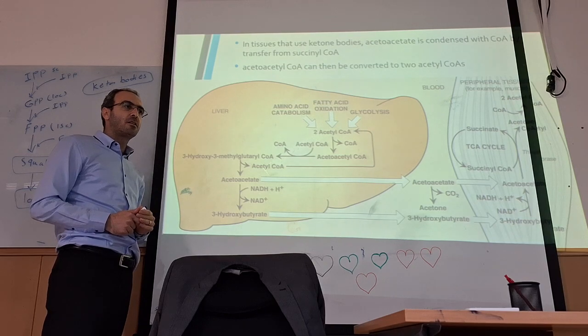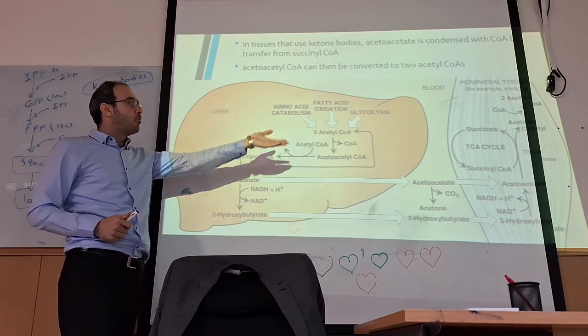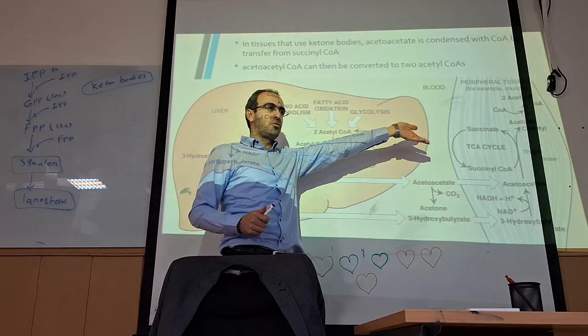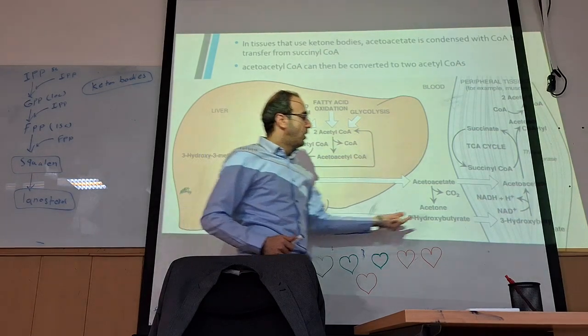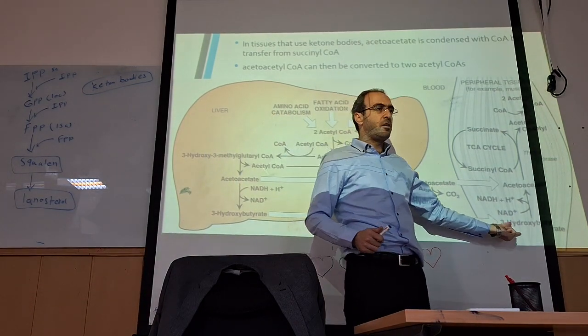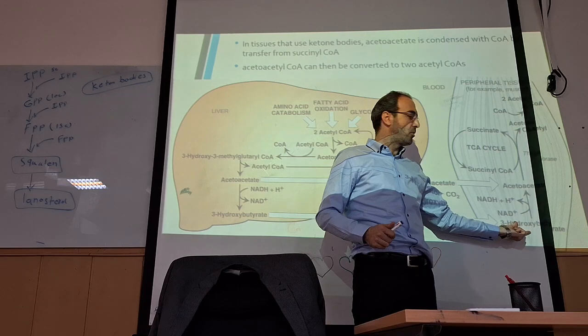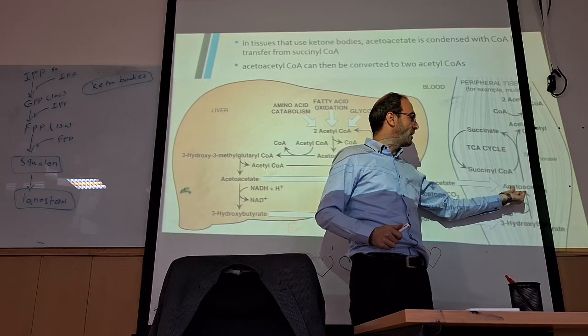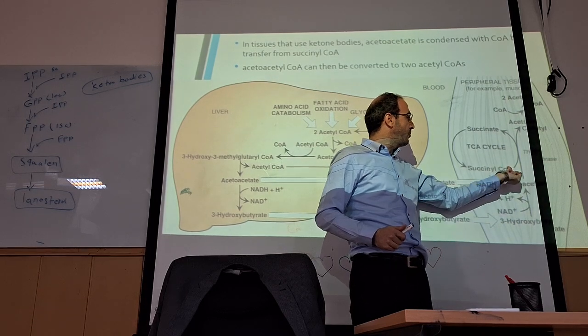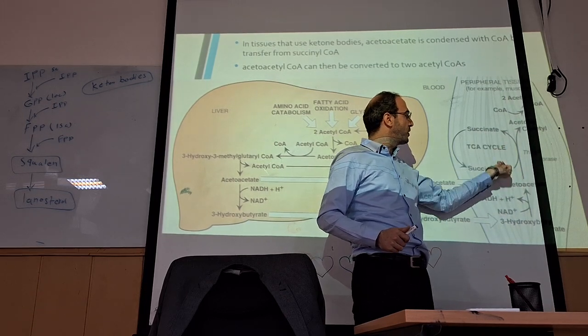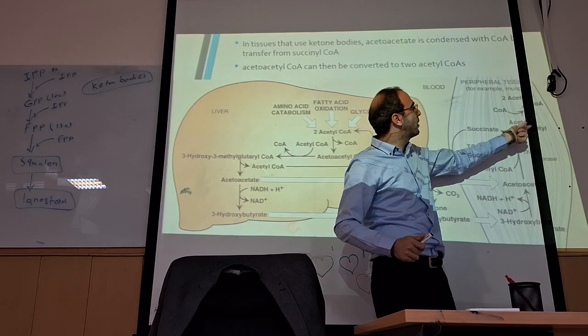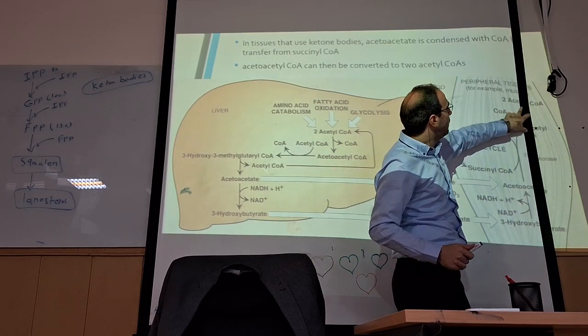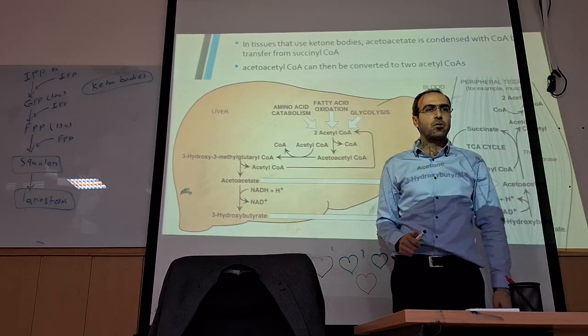Then they are sent to the muscle, brain, or other tissue. If we start from 3-hydroxybutyrate, or beta-hydroxybutyrate, by production of NADH, they become acetoacetate, and then using succinyl-CoA to succinate, receiving coenzyme A, it becomes acetoacetyl-CoA, then they produce 2 molecules of acetyl-CoA.